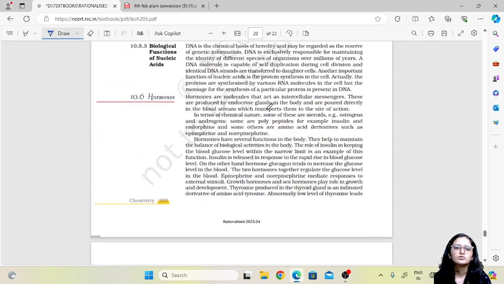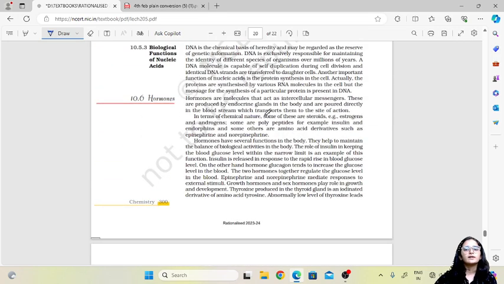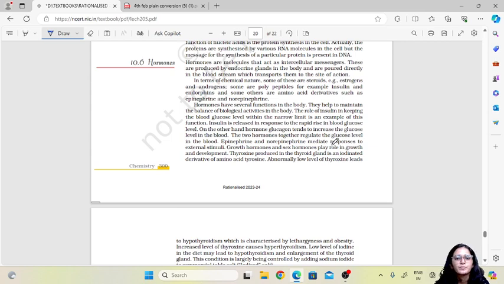Then next is hormones. Hormones are intercellular messengers, and they are produced by endocrine glands in the body and are poured directly into the blood stream, which transfers them to the site of action. Some common hormones that we came across in our previous classes are estrogen, testosterone, insulin, thyroxine. So these are the hormones which play a very important role in our body.